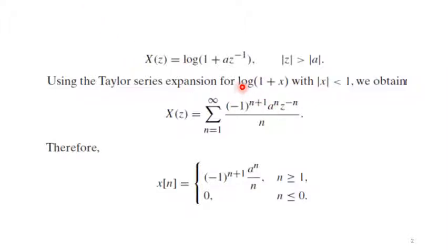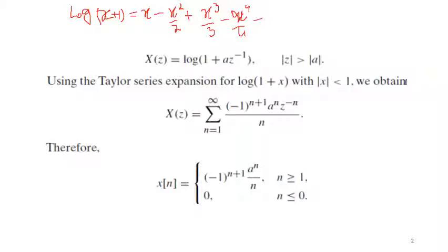The Taylor series for log of 1 plus x, where absolute of x is less than 1, can be expanded like this. That is, log of x plus 1 is equal to x minus x squared by 2 plus x cubed by 3 minus x to the power 4 by 4 plus x to the power 5 by 5 minus x to the power 6 by 6.